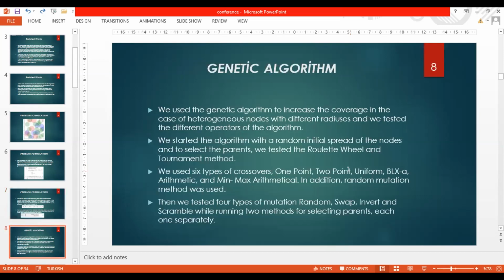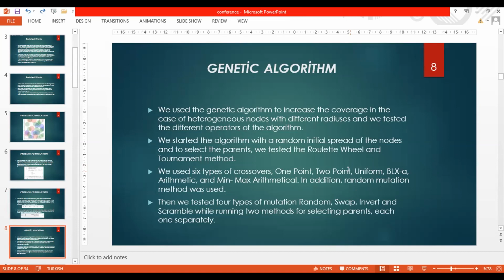Genetic algorithm. We use the genetic algorithm to increase the coverage in the case of heterogeneous nodes with different radius, and we tested the different operators of the algorithm. We started the algorithm with a random initial spread of the nodes, and to select the parents, we tested the roulette wheel and tournament methods.